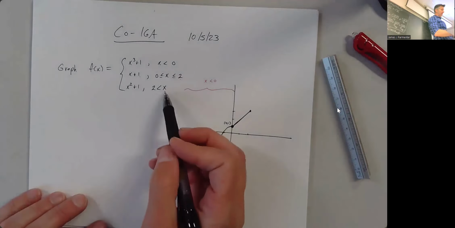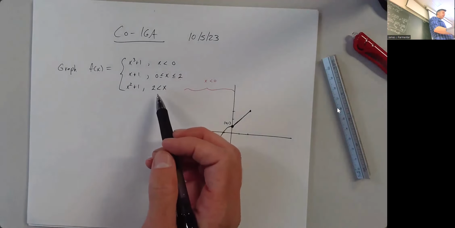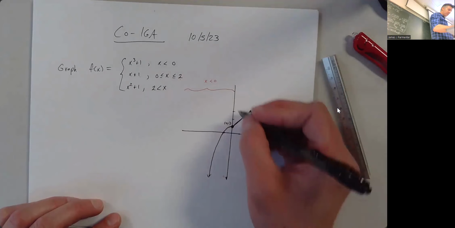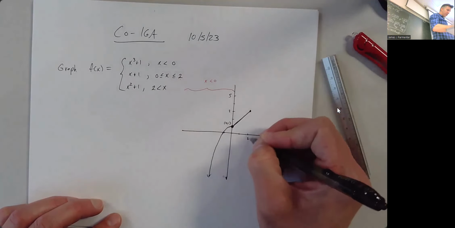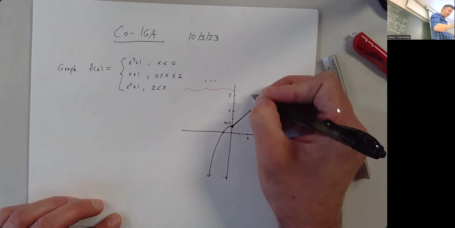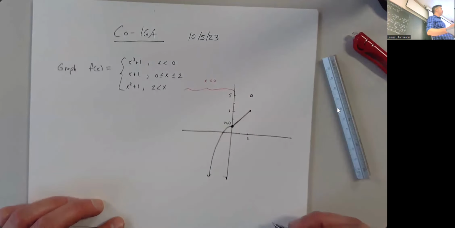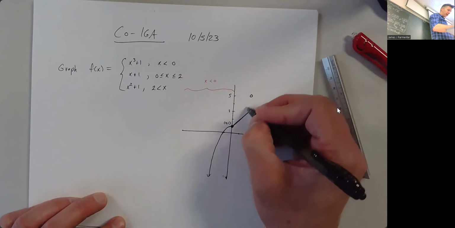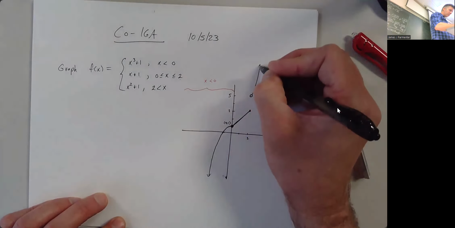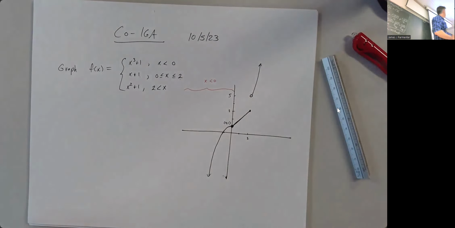So I'm just going to plug in x equal to 2, even though I can't really. 2 squared plus 1 is 5. So up to 5. If I could plug in 2, I would get 5, but I can't. So I'm going to draw an open circle there instead. And then the graph would look like a parabola going up like that. There's my piecewise function.